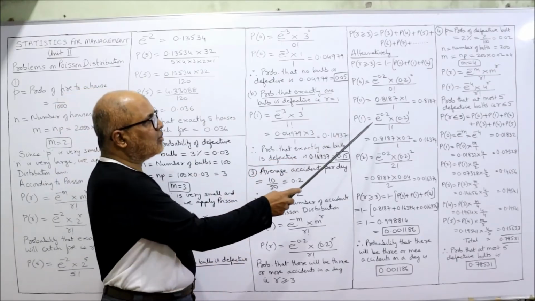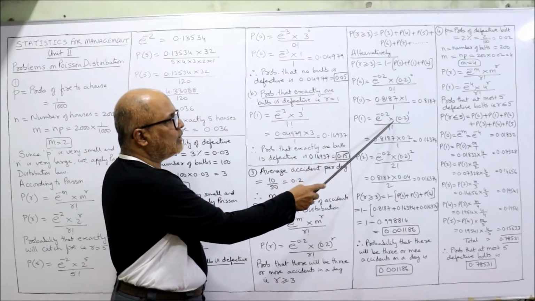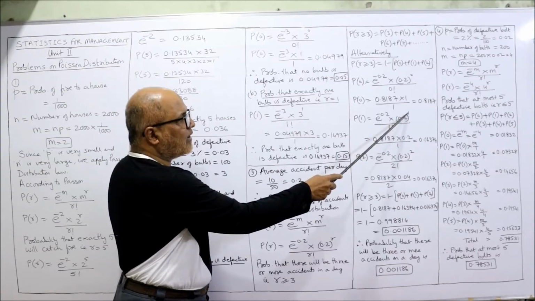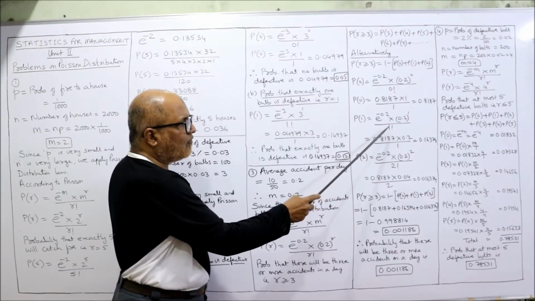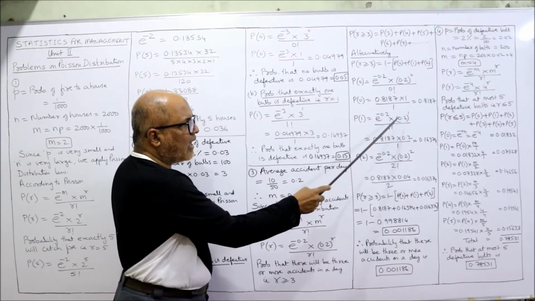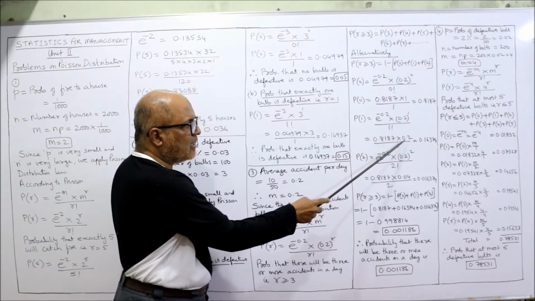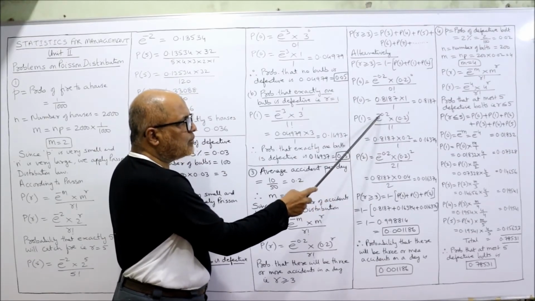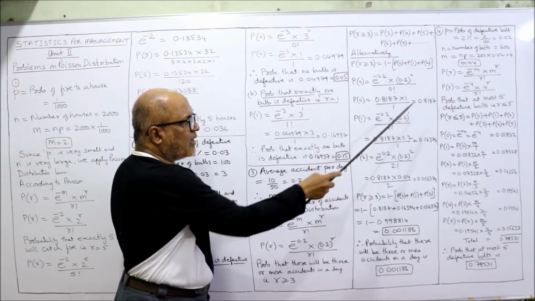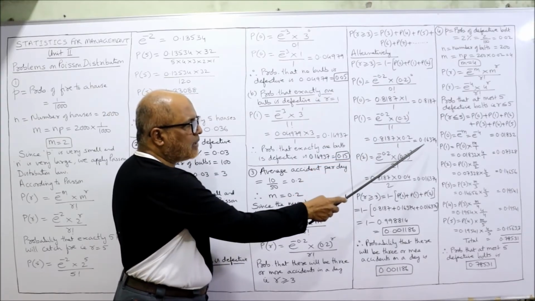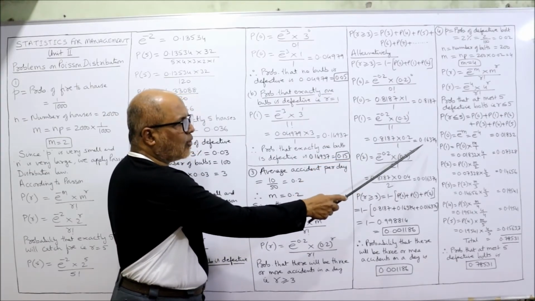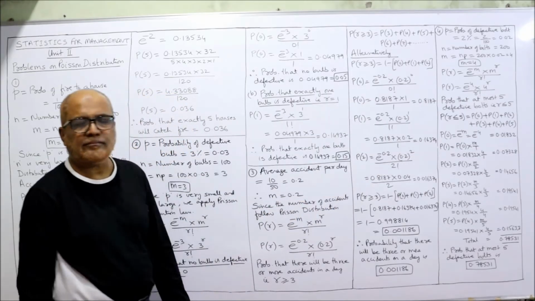P of 1 is equal to e to the power of minus 0.2 into 0.2 to the power of 1 divided by 1 factorial. 1 factorial means again 1, and 0.2 to the power of 1 is 0.2. And e to the power of minus 0.2 we got as 0.8187. So multiplying, we get 0.16374. This is the value of P1.